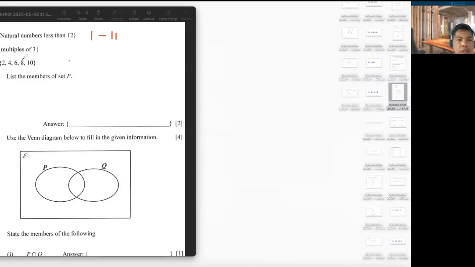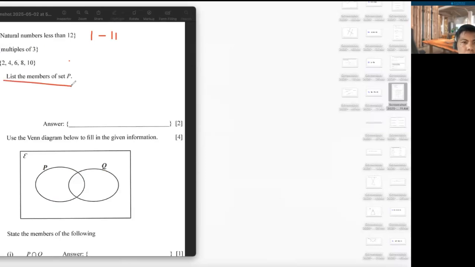But for now, it's E. It's the universal set, all the elements of the set are there. So it's the biggest set. P is a subset of that, which means you can find it inside the E. And Q also, you can find here.